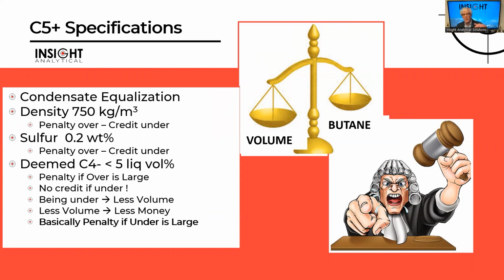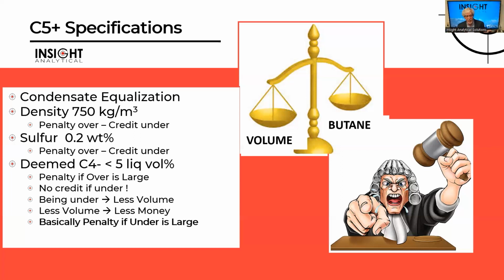I can try to find the sweet spot where I can make the most money. So we have a whole infrastructure that's built around this idea of condensate equalization. We call it equalization because we kind of want to balance out that not everybody's condi is the same, and pay people who give us really good condi more money than people who give us condi that, say, has poorer specifications.